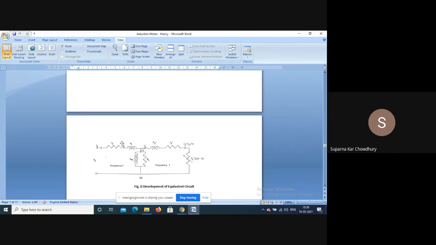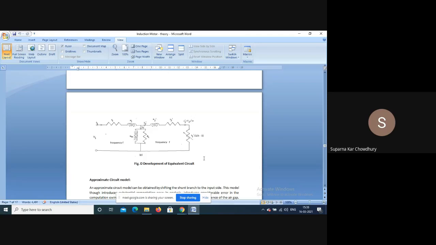This R1 will represent stator copper loss. RC will represent the core loss. R2 dash will represent the rotor copper loss. So the rest of the power is dissipated across this resistance. So this basically represents the mechanical power developed by the motor.